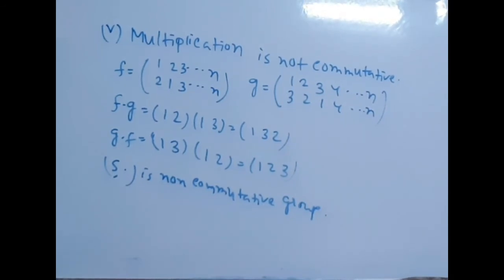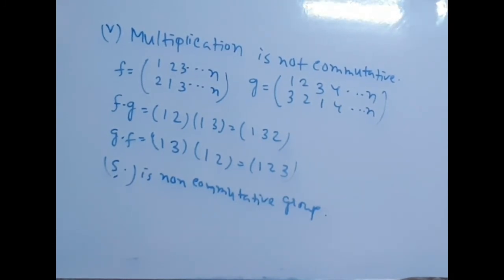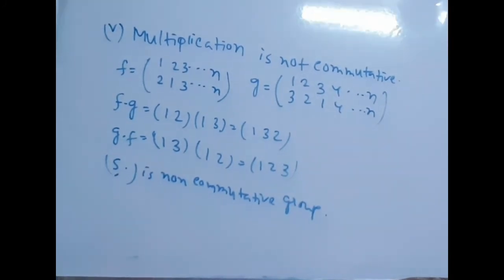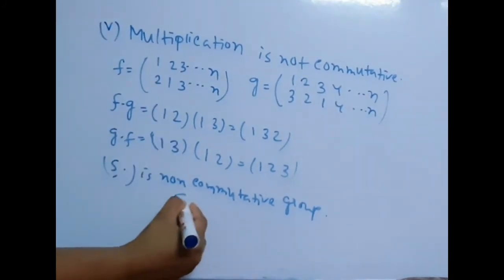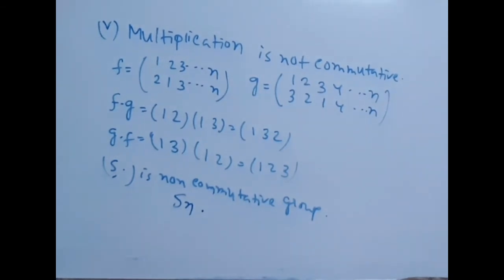This set S is a group, but it is non-commutative. This group is called the symmetric group of degree n, and it is denoted as Sn. So this Sn is a non-commutative group under multiplication. Okay, thank you.